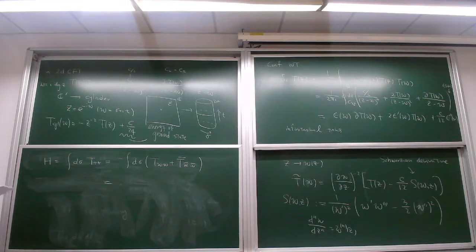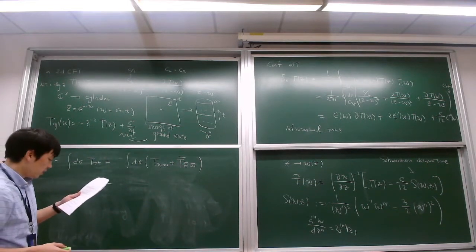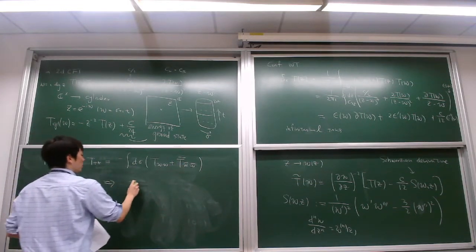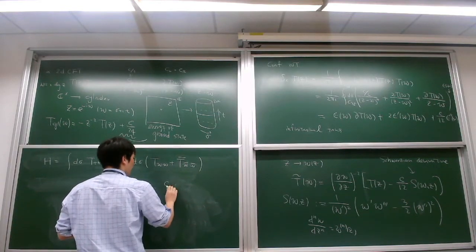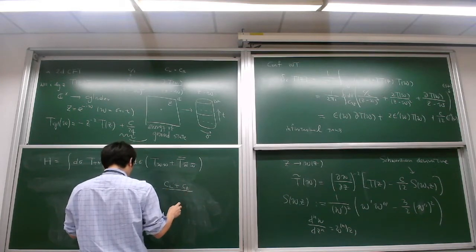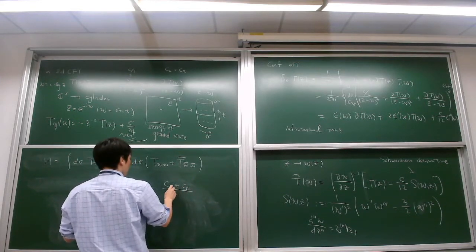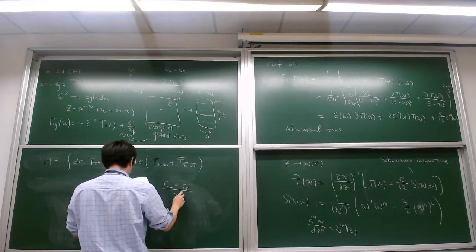What you obtain is that E is equal to minus (c_L plus c_R) over 24. In the lecture note, I just write c and c bar, c_L plus c_R over 24.